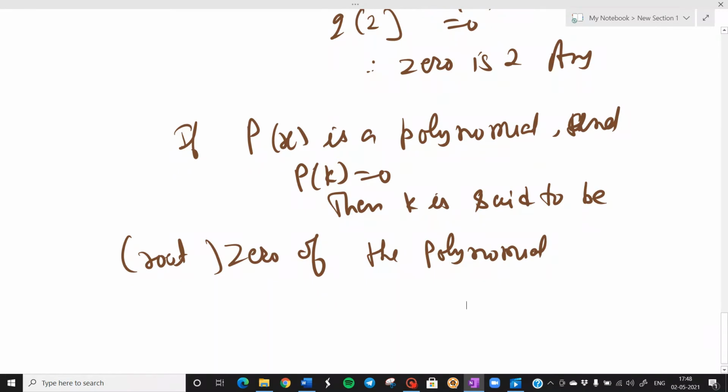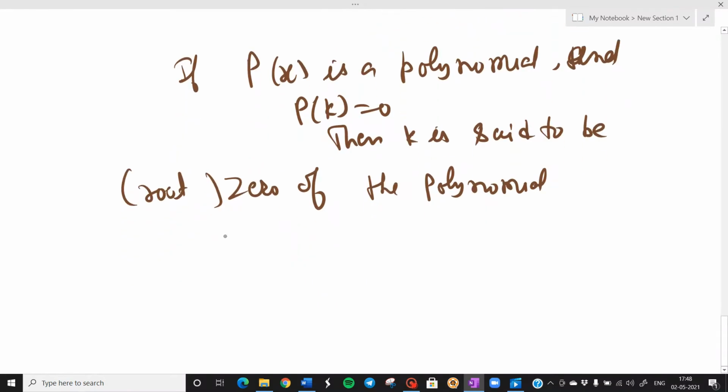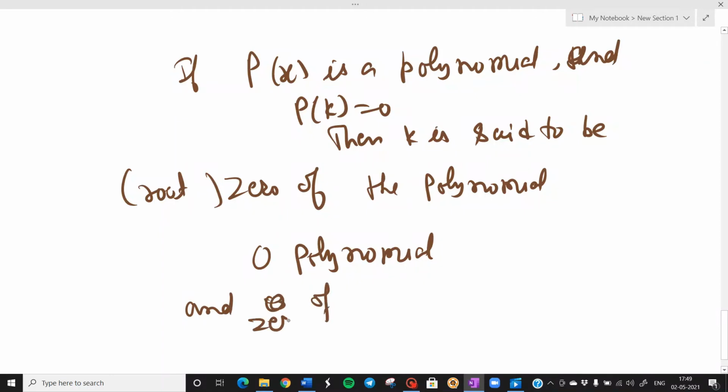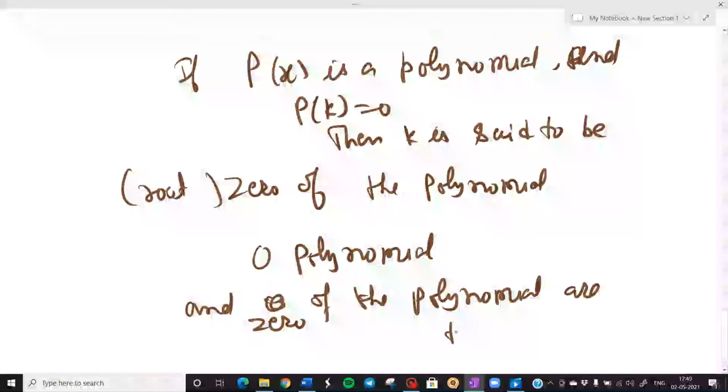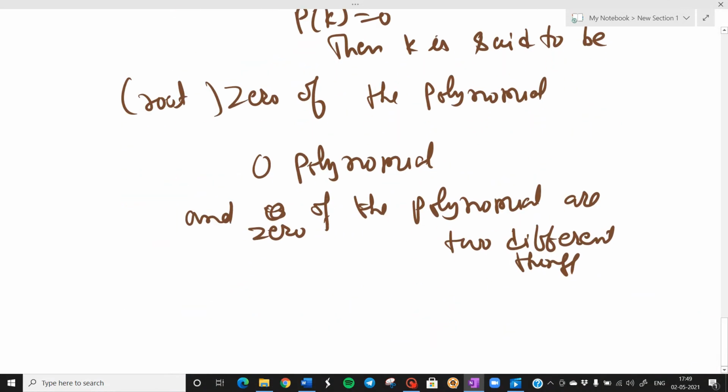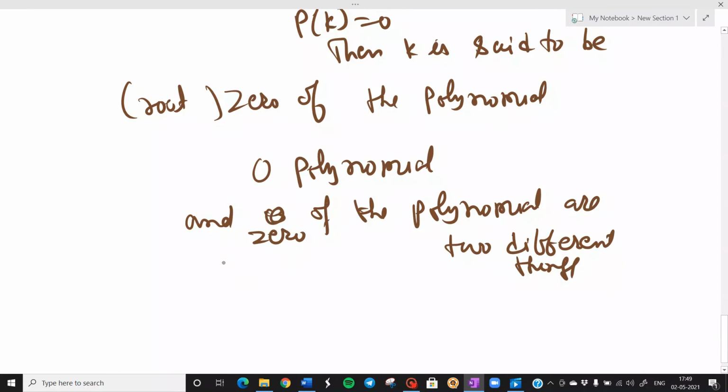Please don't confuse the zero polynomial and the zero of the polynomial, they are two different things. Right, student?